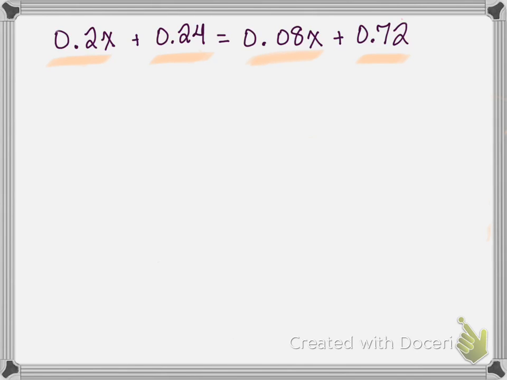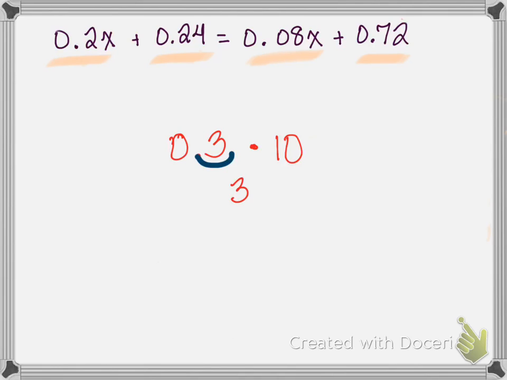If I have 3/10 and I multiply that by 10, what do I get? 3. Okay? I get 3, because I have to move this one spot. When I multiply by 10, I'm going to move the decimal once.